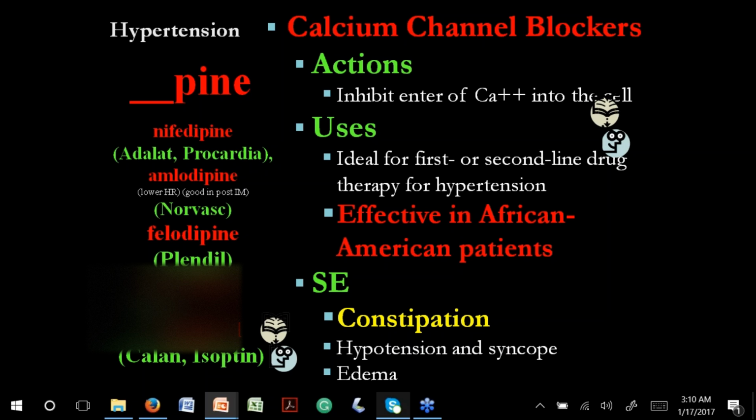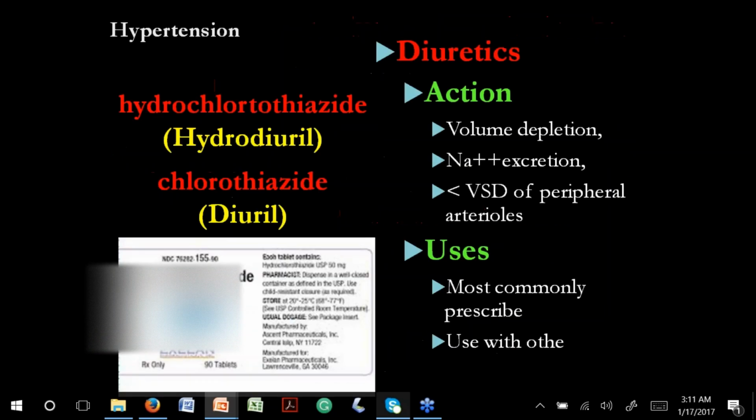Why? Because calcium does not enter the intestinal cells that need it for the contraction of the intestinal muscle. So that can produce constipation. The stools stay longer, reabsorption of water happens, they get dry, and constipation occurs.